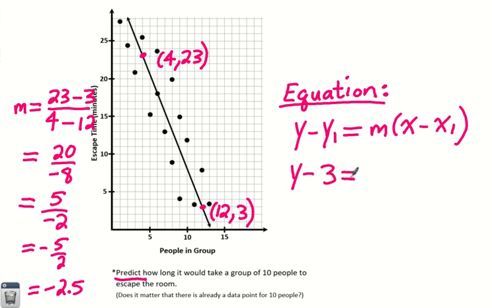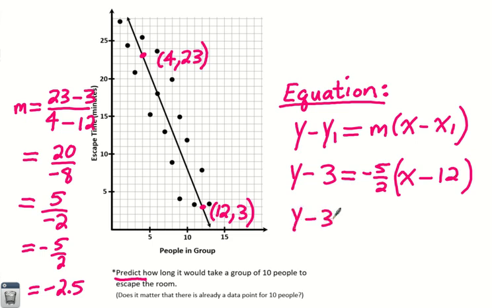I'm going to plug in -5/2 for my m that I had to find off on the side. And then I'm going to plug in 12 for my x1, right? Remember, this is called point-slope form, and the ingredients are going to be a point, (12, 3), and the slope, which I had to find off on the side.